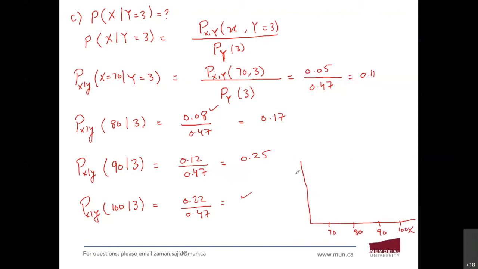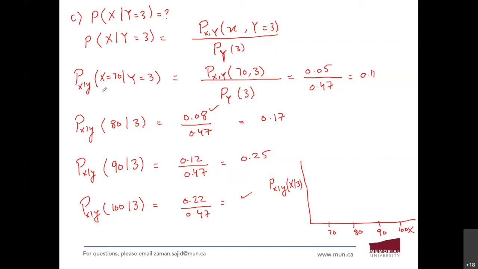And this Y-axis is my conditional probability values of X given Y. And here we need to specify that this is X given Y equal to 3. This plot is when you have Y equal to 3 only.